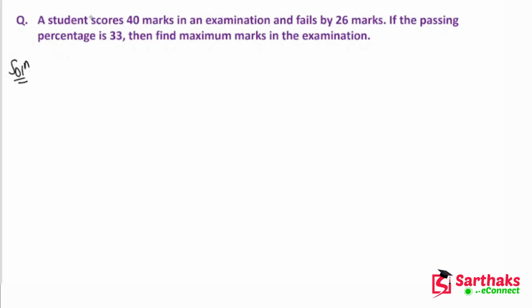So let us start. Let the maximum marks in the examination be 100. Okay. We know it is not 100, but let it be, because we take everything to be 100. The maximum marks which we have to find, we are assuming, we are not finding it yet, we will find it. Let the maximum marks in the exam be 100.